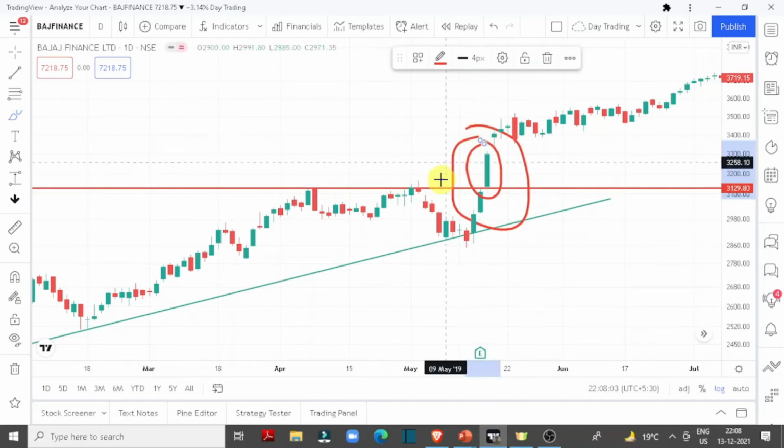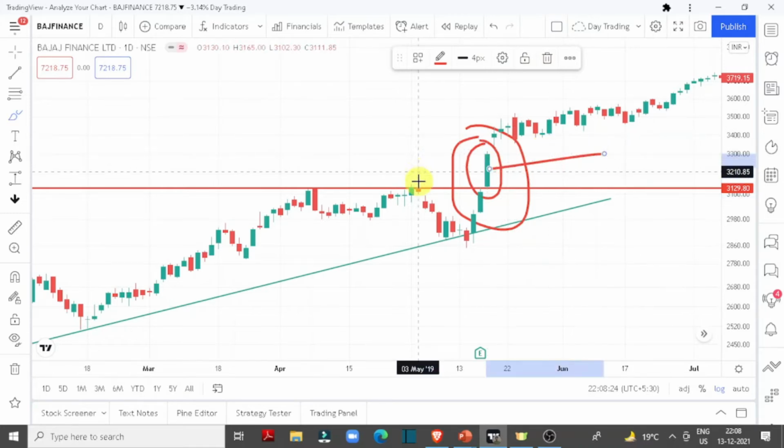So if this candle is very big and giving us good signals, then we can conclude that the breakout is good. But if this candle is not showing us some good signals, then we will not make any positions, because we will feel that this breakout may be a false breakout. So this candle which is made during the breakout is very, very important, because this candle will decide whether the breakout is right or wrong.